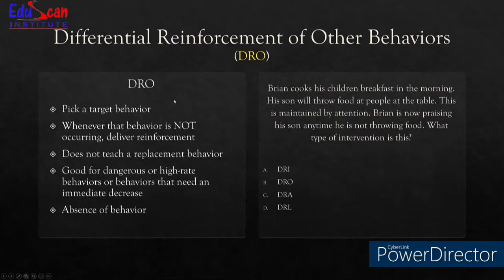DRI, DRO, DRA, or DRL? It is very, very obvious. It is DRO, because it is differential reinforcement of other behaviors. So when he is not throwing food, he is being reinforced in the form of praise. So I hope DRO is clear to you all.